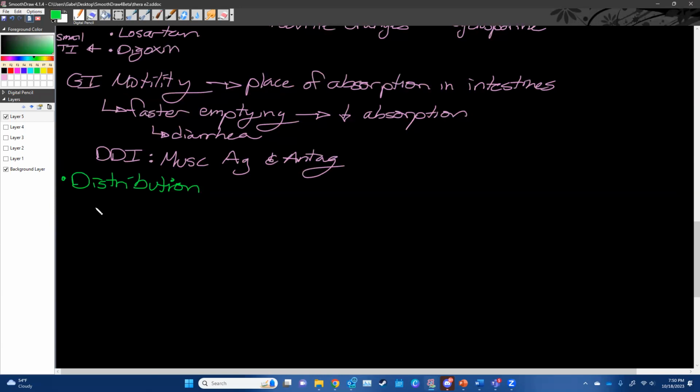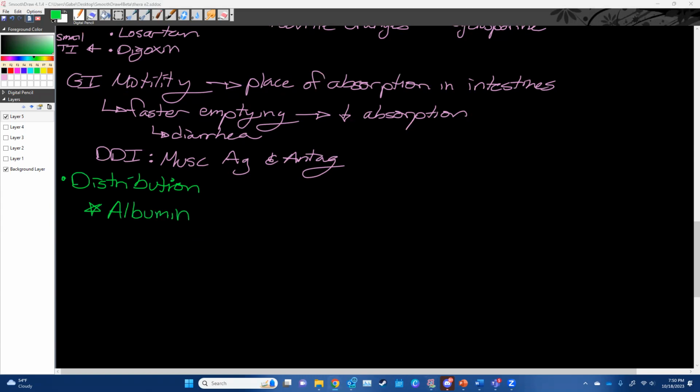When we talk about distribution, the main thing that we worry about is albumin. For your first Thera exam, did you guys have to memorize the albumin ranges?